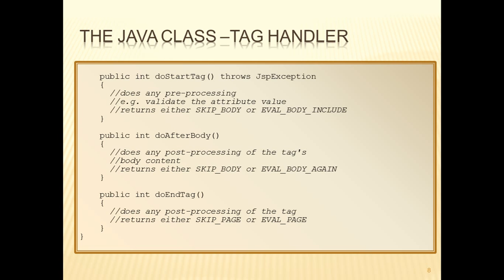And if you find any problems, then this method needs to return SKIP_BODY, because that will essentially tell the system to stop processing that tag. Otherwise, you can go on, if there is a body, to evaluate the body and include the output from that as part of the response.